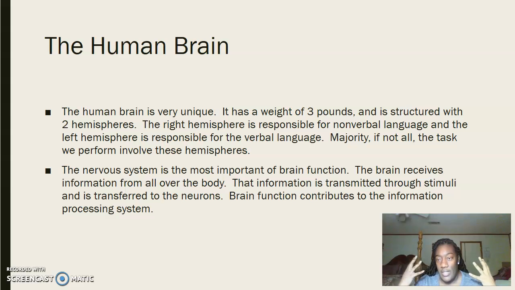We have neurons in all parts of the body, so the information is transferred through the stimuli to neurons. For example, if you touch something hot, the stimuli is going to determine whether it's hot, and it's going to transfer that heat or burning to your neurons, which is going to let you know, hey, this is hot, we can't touch that.